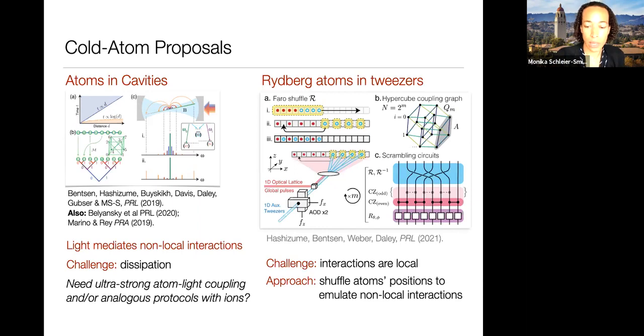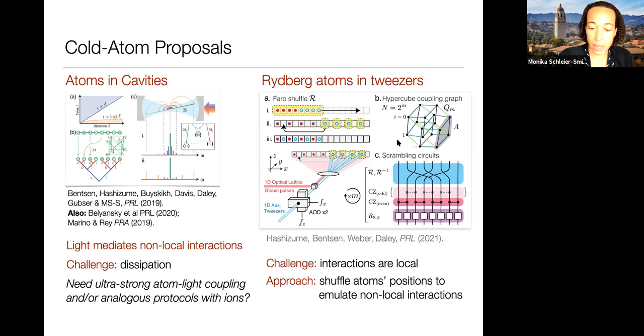But another proposal that was recently put out has to do with systems of atoms interacting by coupling them to Rydberg states. This is also something where very coherent gates have been realized just in the past few years. And I think I showed some pictures the other day of these systems being very scalable. You can have an array of hundreds of them that you look at individually.